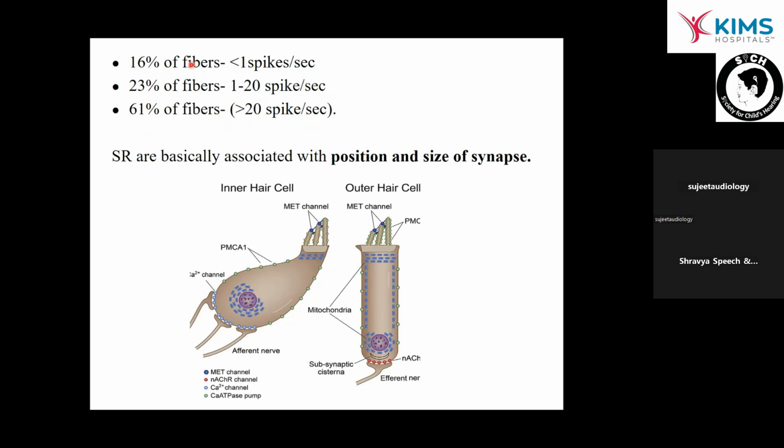Low threshold means that at a lower intensity itself there will be action potential generation in the neuron, whereas high threshold means you require a higher intensity to see some activity in these neurons above the spontaneous activity.